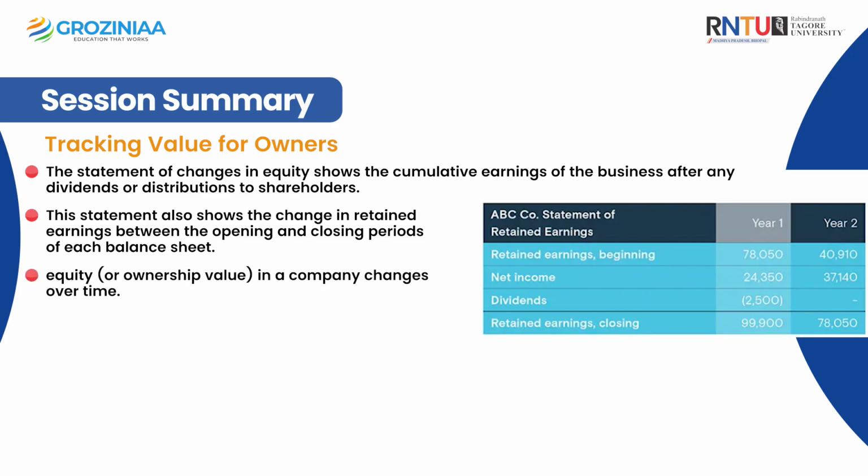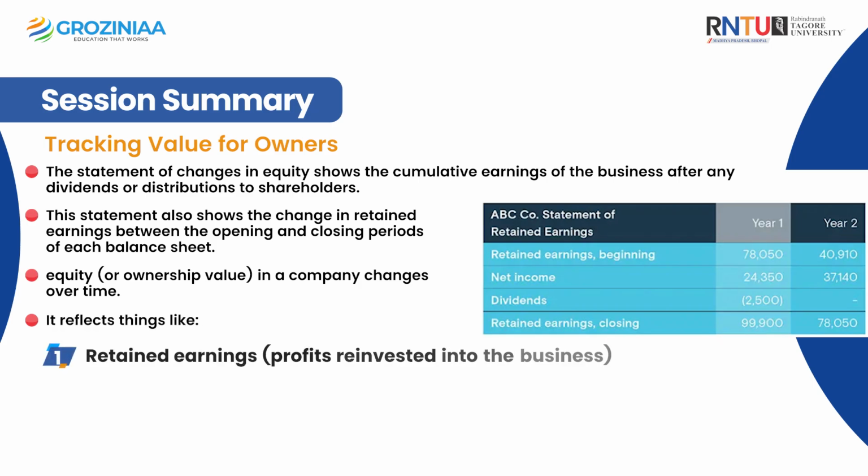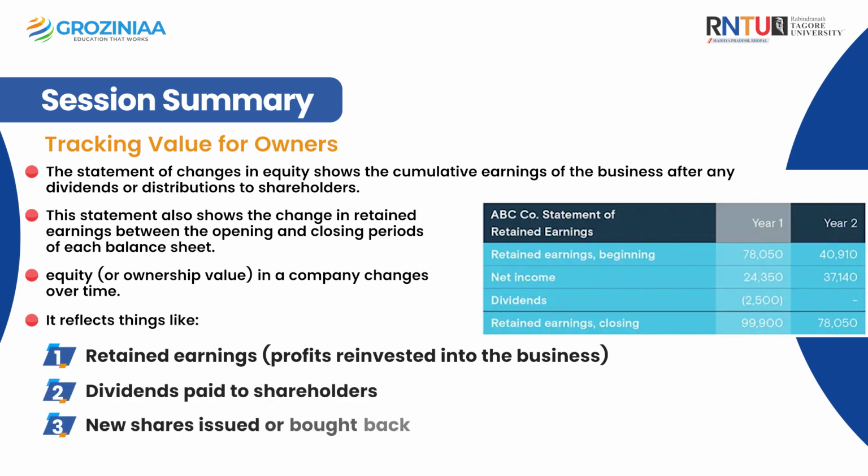It may also show adjustments from related parties' transactions. This lesser known but very important statement shows how the equity, or ownership value, in a company changes over time. It reflects things like retained earnings, that is profits reinvested into the business, dividends paid to the shareholders, and new shares issued or bought back.